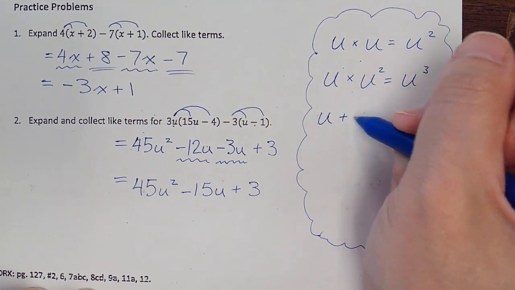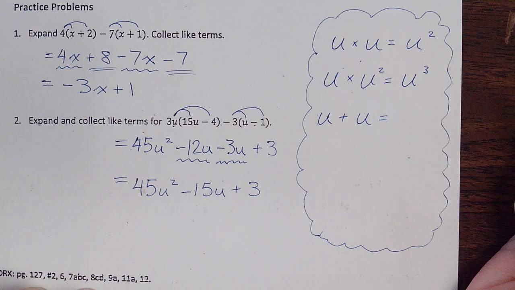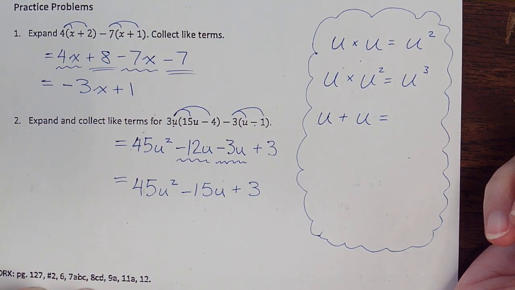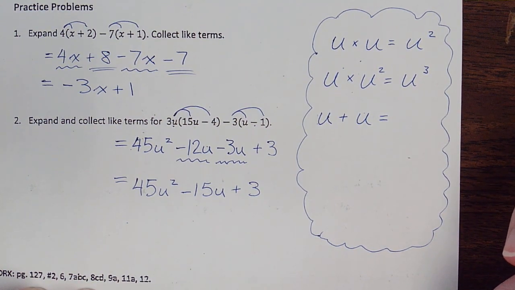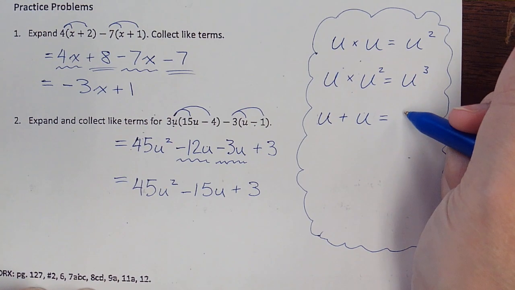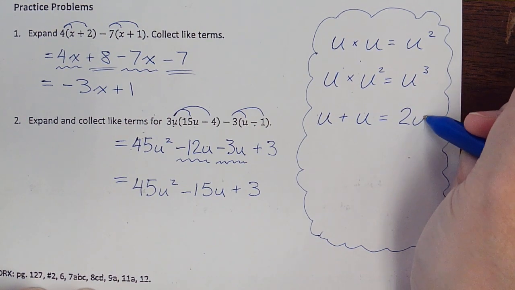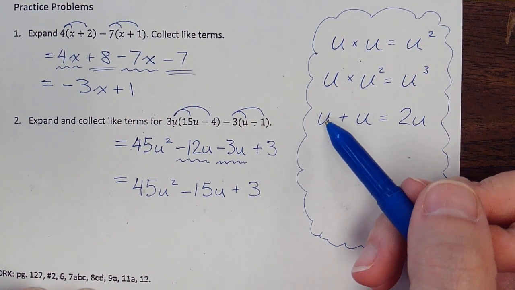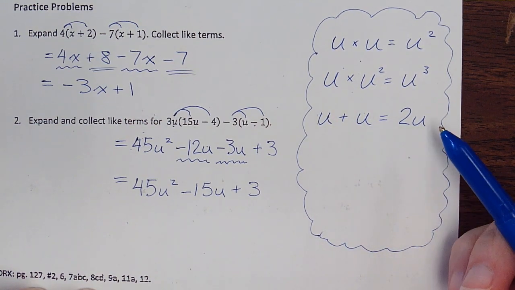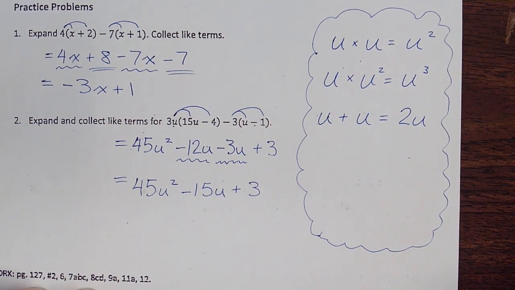What's u plus u? What is it? Okay. Umbrella plus another umbrella. I have one umbrella. I add another umbrella. Yay! Okay, I knew you would get it. 2u, right? I have one umbrella plus another umbrella. You have 2 umbrellas. It doesn't become a super umbrella.